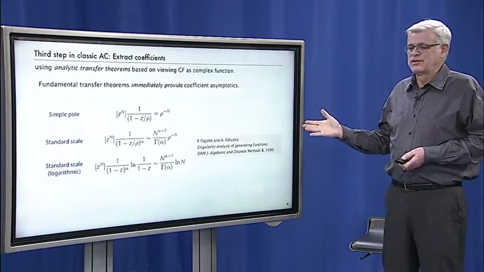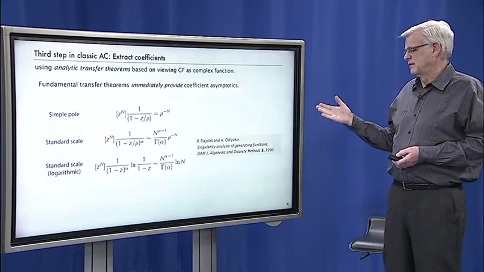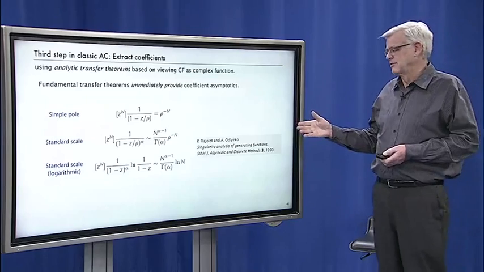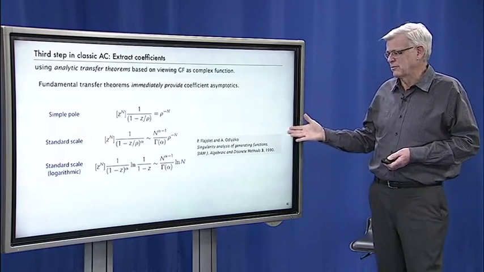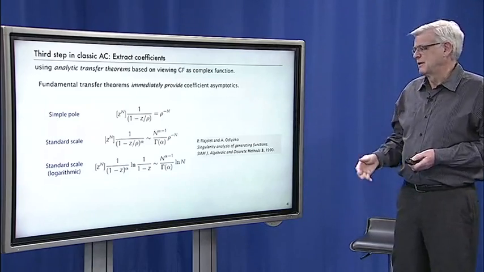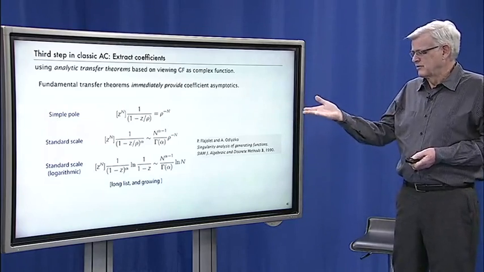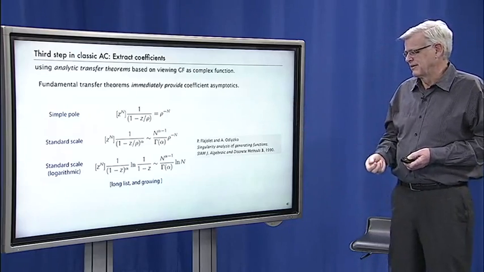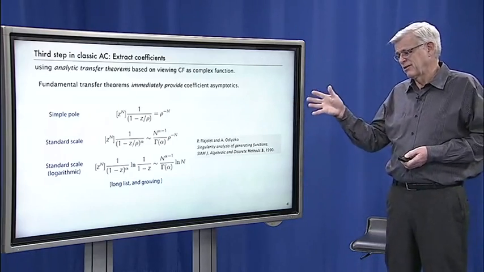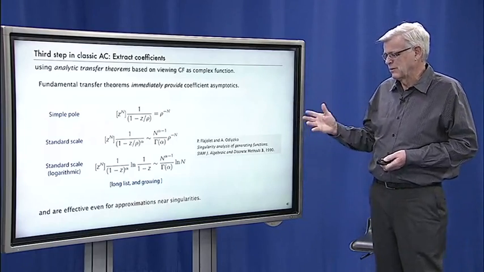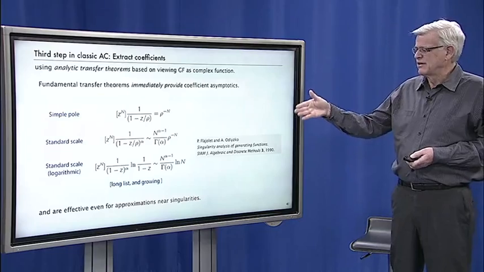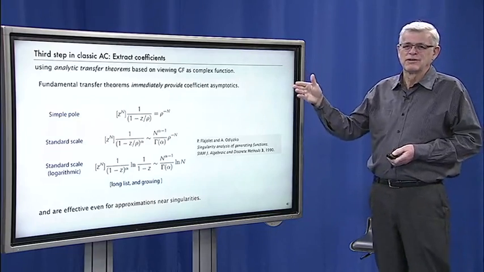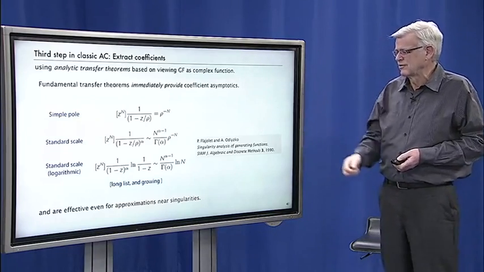It's worth understanding this paper, but it's truly a tour de force and a masterpiece that now we can benefit from. There's a very long list of transfer theorems of this type, really starting with this basic one. And these things are effective even for approximations near the singularities when there's other functions involved.